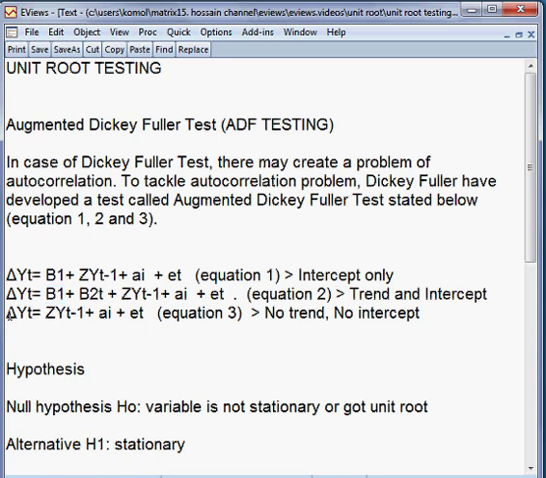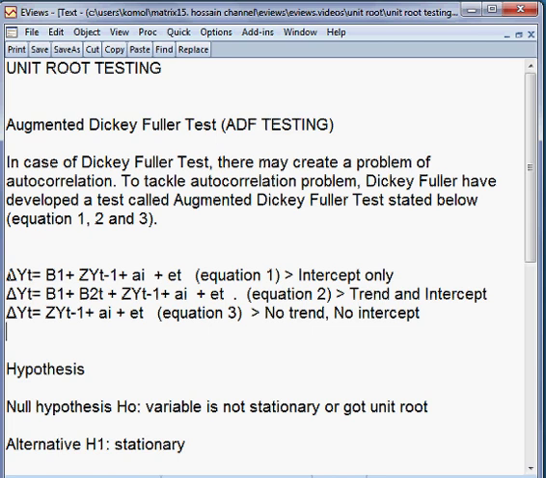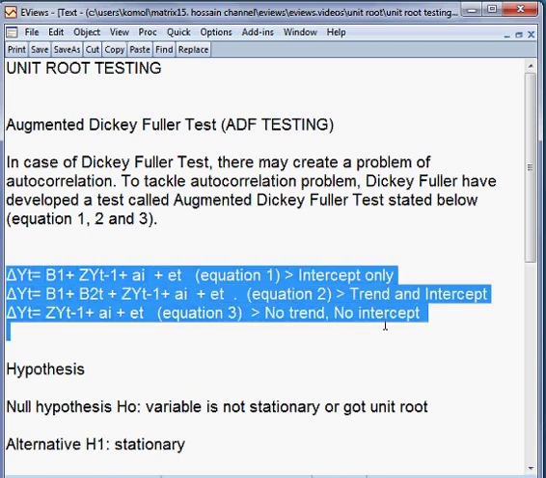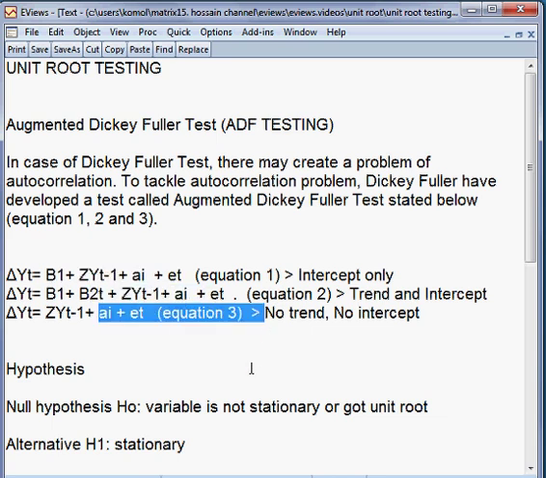Finally our third model is this one, no trend, no intercept. So these are the three models of augmented Dickey-Fuller.